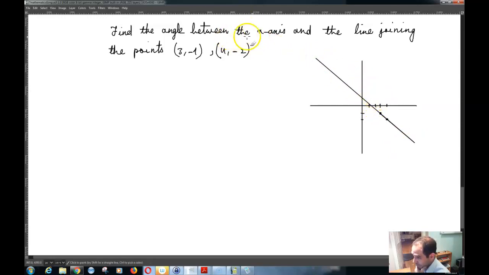If by this what is meant is the positive direction of the x-axis, of course the angle is going to be this, which is the inclination of this line.